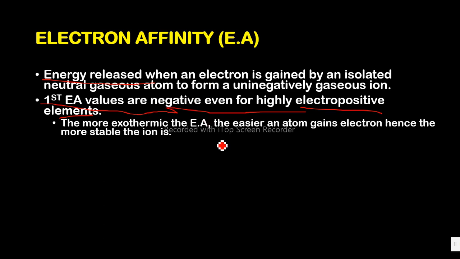So for the first electron affinities, the enthalpy change is negative. Energy is given out. And why is energy given out? It is simple. When we were studying ionic radius, we said that the nucleus is positively charged. You have many positives within the nucleus, and the negatives surround the nucleus.